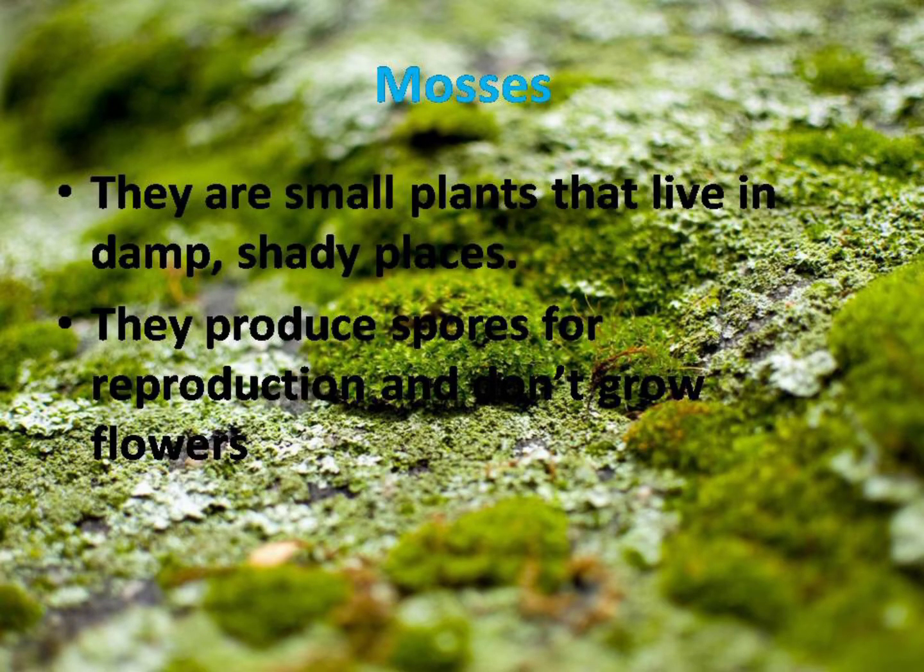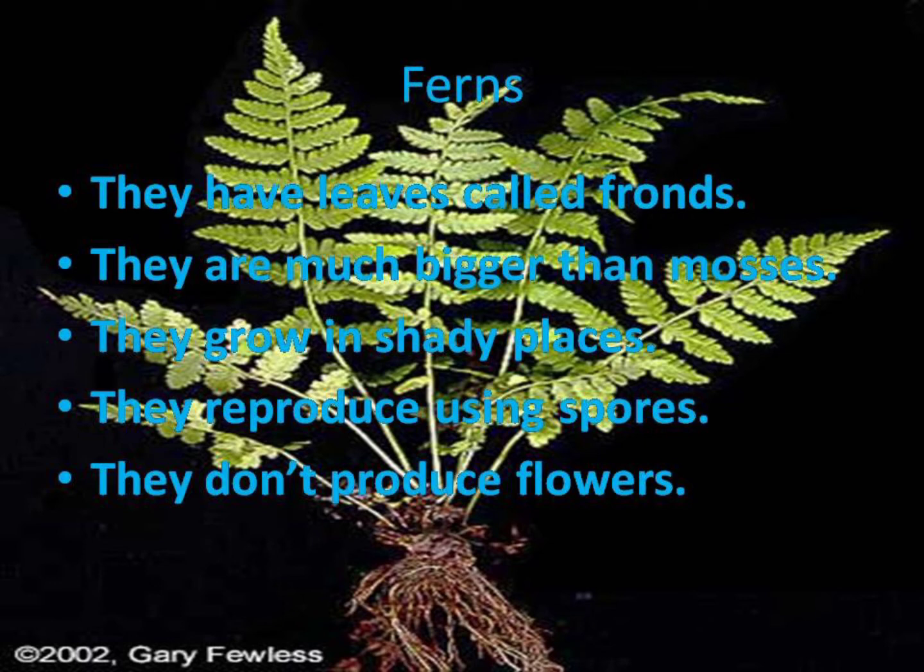Mosses are small plants that live in damp, shady places. They produce spores for reproduction and don't grow flowers. Ferns have leaves called fronds, and they are much bigger than mosses. Like mosses, they grow in shady places, reproduce using spores, and don't produce flowers.